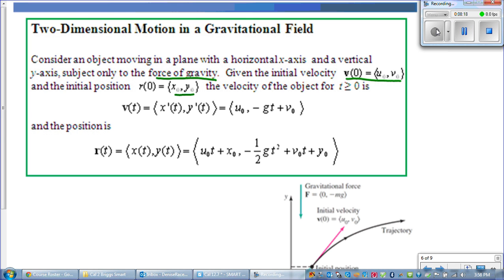We want to find a representation for the velocity and the position function. Now, if the only thing acting on the object is gravity, that means that the acceleration vector can be given by 0, -g.